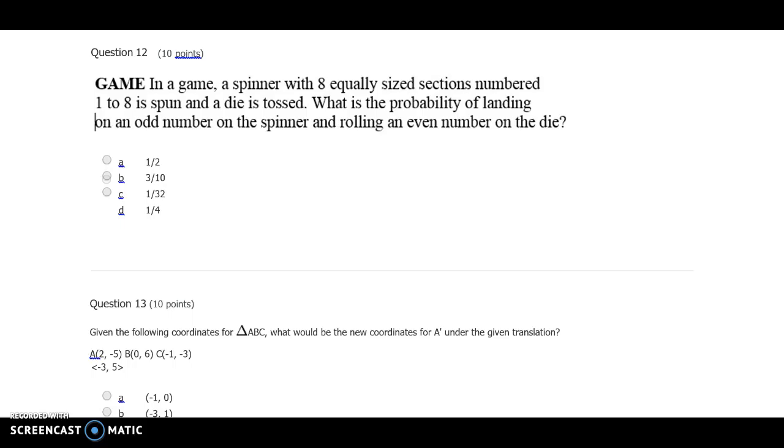So what we can do is just find the probability of each event and then multiply them.